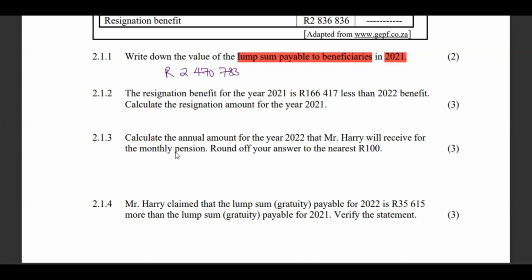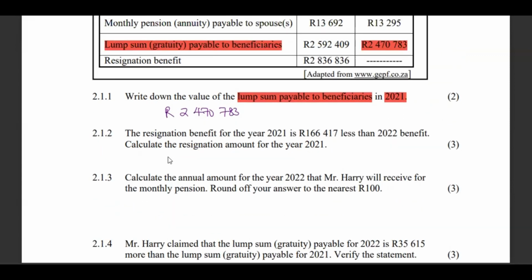So we shall need to reduce the current amount of 2,836,836 minus. Why are we reducing? Because it said less than. So we subtract this much.